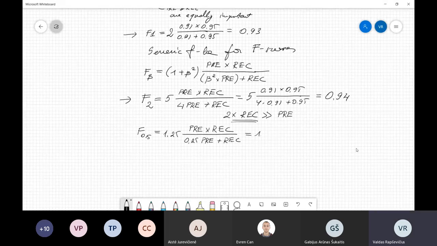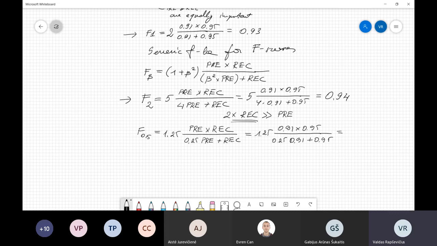And here 1.25, and again, you know the game here. 0.91 times 0.95 and 0.25 times 0.91 plus 0.95. Okay.